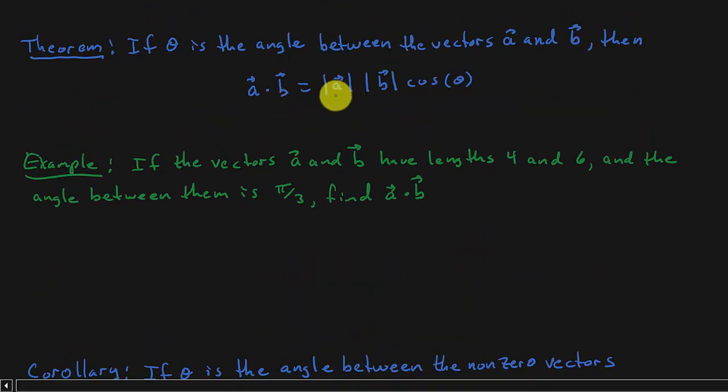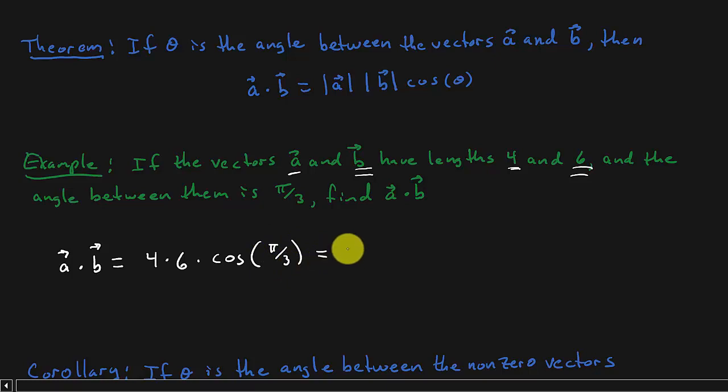Well, it's the magnitude, that's the lengths, times the cosine of the angle between them. And so in this case, we have A dot B is equal to the magnitude of A. So 4 is the magnitude of A, and 6 is the magnitude of B. And so that's going to be 4 times 6 times the cosine of pi over 3.